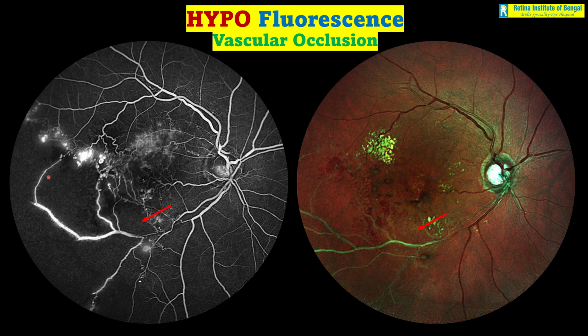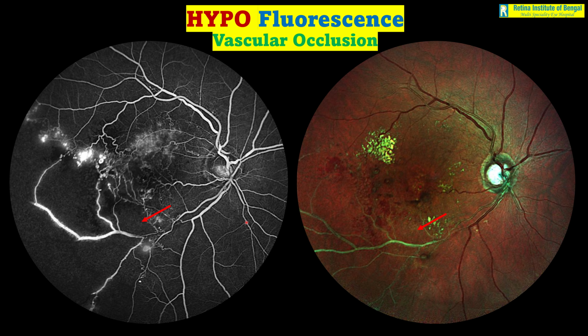So one hypofluorescence may be simply because the blood is not flowing into an area, and therefore the dye is also not reaching that area. These blood vessels may be thin capillaries, which leads to what we call capillary non-perfusion areas, or it may be major arterioles or venules, as in this case, where this blood vessel appears as if it has no branches at all, which is of course not natural. Naturally, an artery will break up into arterioles and then venules, which will lead to a vein.